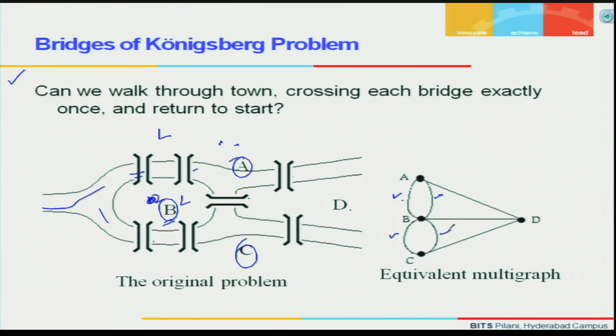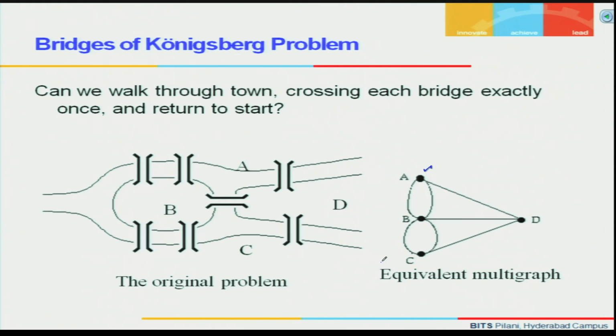The point asked is very simple now. Does it have a Euler circuit? That is what is being asked. You start from one place, maybe you start from A. Can you traverse through each edge and come back to A or not? And the theorem that we are going to see in some time says you cannot do this particular exercise. That means you cannot start from one vertex here and traverse through all the edges and come back to the same vertex.